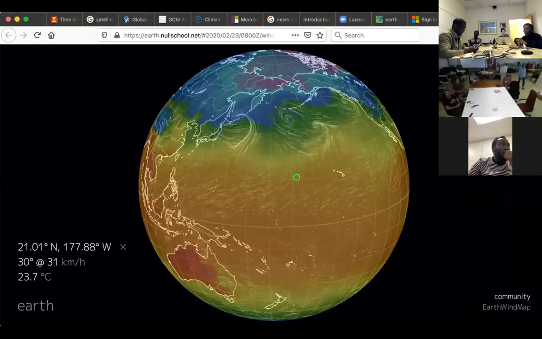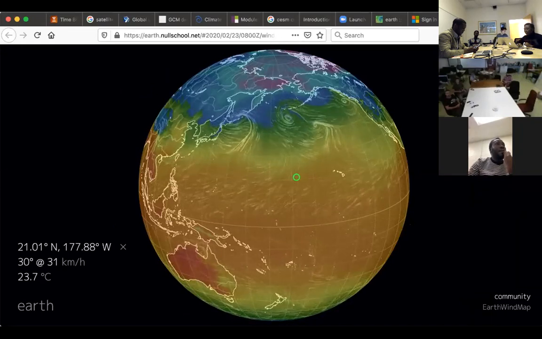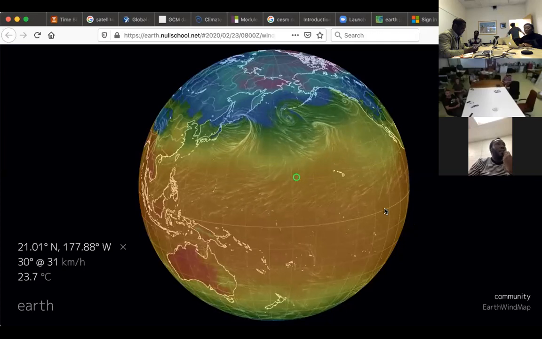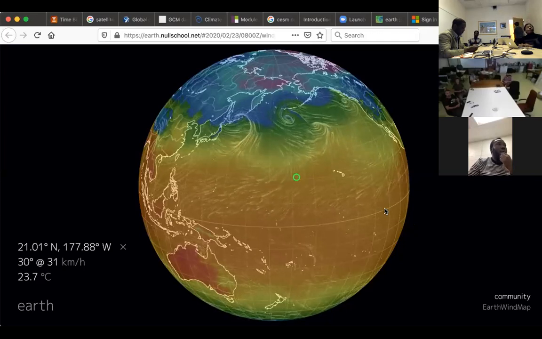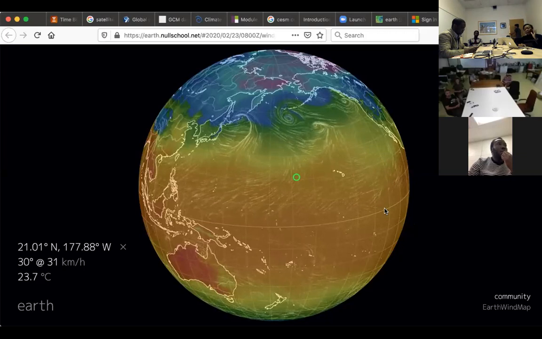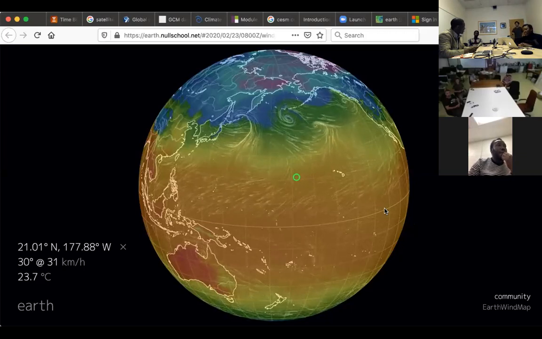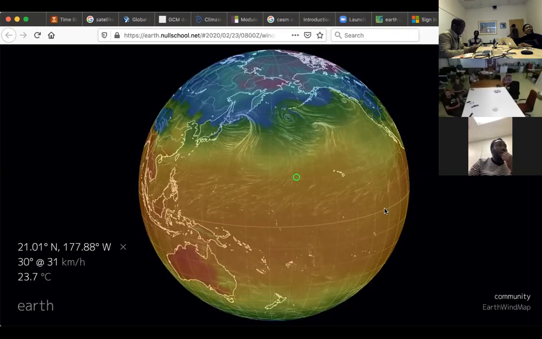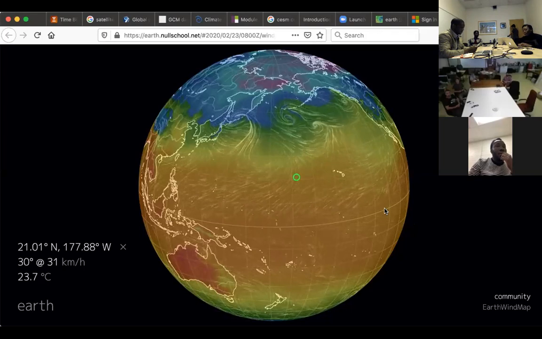But to motivate the talk about global circulation, what I'm showing is this real-time video, which is showing the surface wind current in real time. And you can see, as the video shows, that the Earth is a giant ball of fluid.